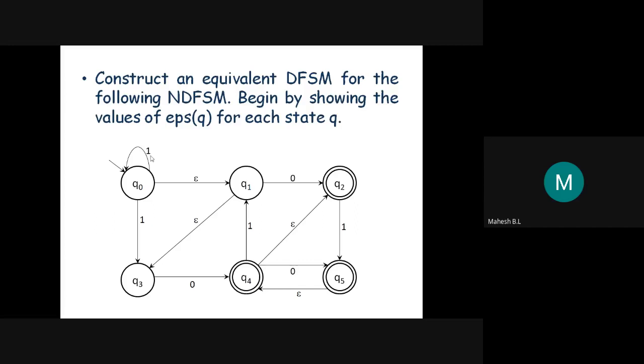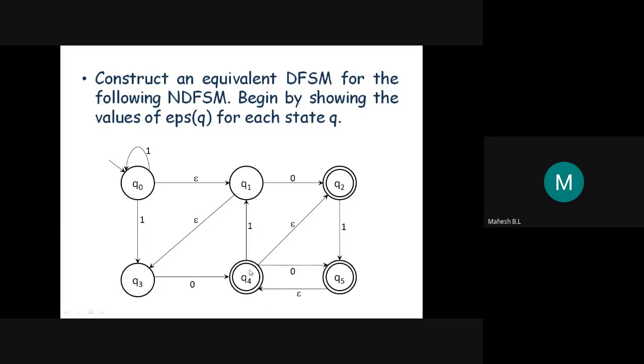So you need to compute delta dash for 0 as well as 1. You consider one element of Q. In Q there are 3 elements, Q naught, Q1, Q3. So you consider Q naught on 0. Q naught on 0, there is no transition. Now Q1 on 0, you have Q2. So you need to add epsilon of Q2. You need to perform union operation with the new state. Then Q3 on 0 gives Q4, so you compute epsilon of Q4.